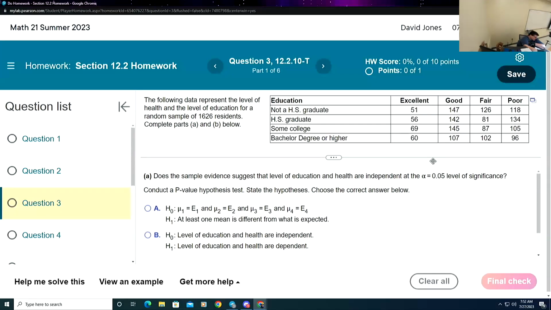We have education going down the rows, and we have health level going across the top. So we have excellent, good, fair, and poor.